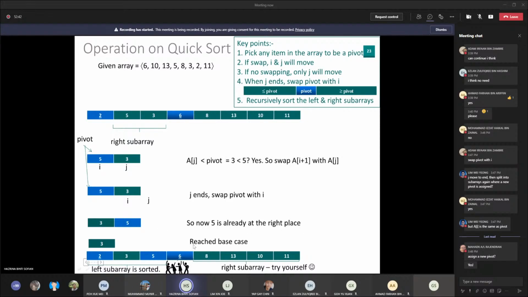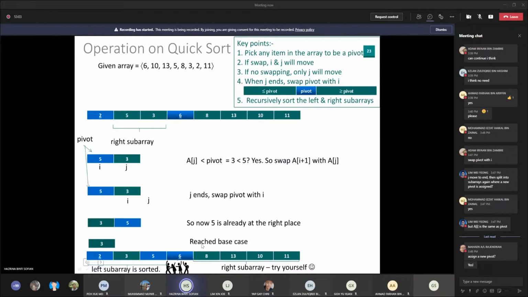Okay, then it reached the base case. Because for divide and conquer, we keep dividing and conquering until it reaches the base case, which I think is n equal to 1. So now n equals 1, there's no way we can break this element into half.